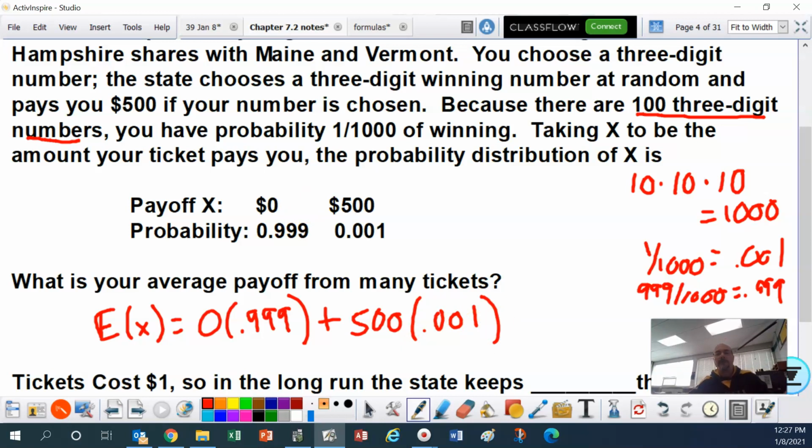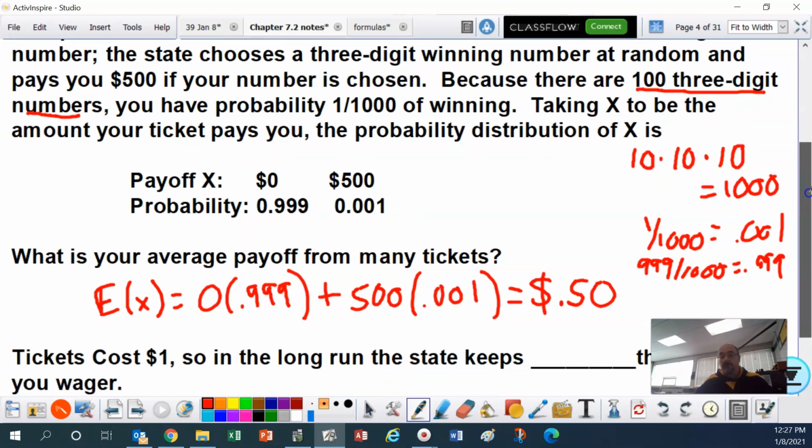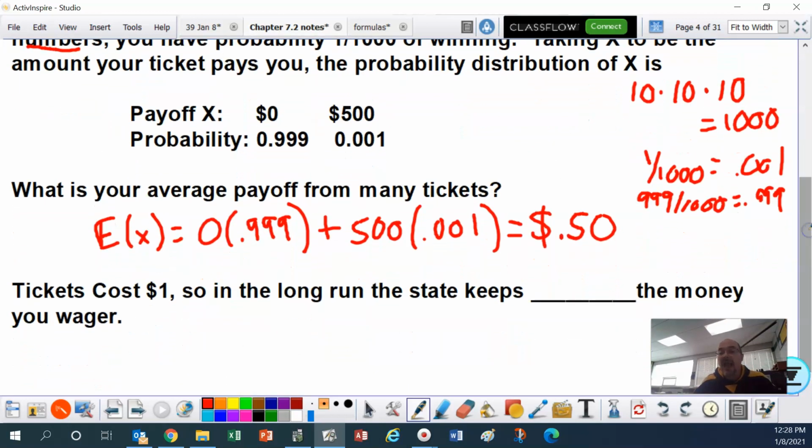You don't have to do that. So now you take your handy dandy calculator and you take 500 times 0.001, and ladies and gentlemen, wow, it's 50 cents. On average, they're going to pay out 50 cents.